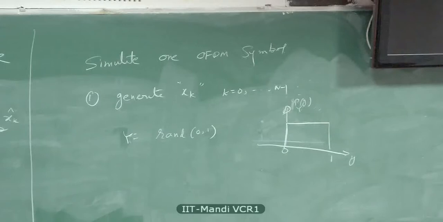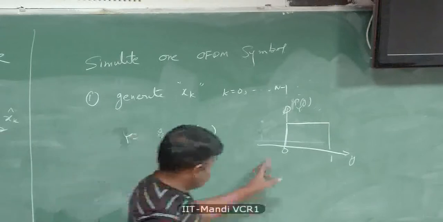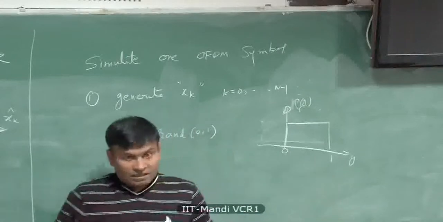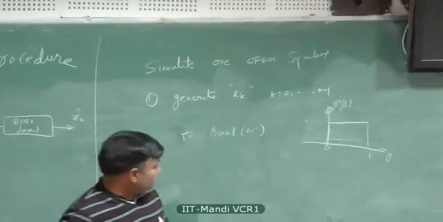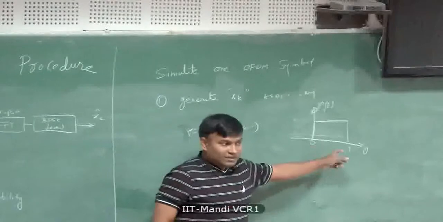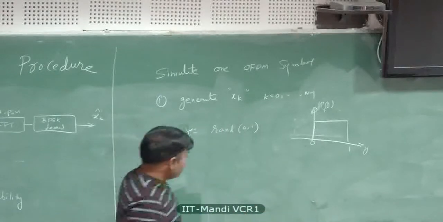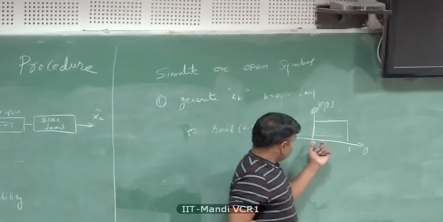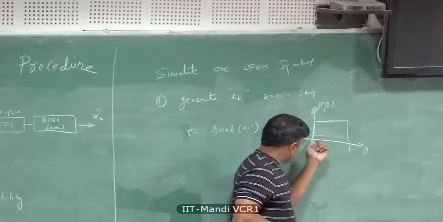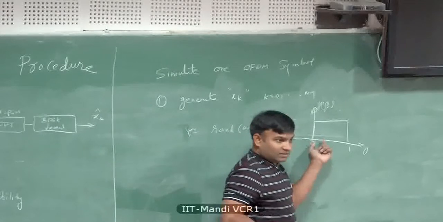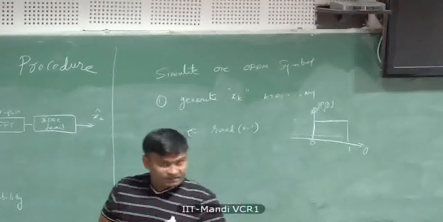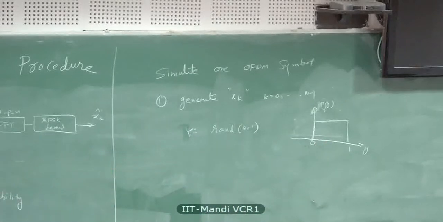So when you have one instance of rand invoked in MATLAB, it gives you a number between 0 to 1, and they are uniformly distributed between 0 to 1. That means the probability of occurrence of any number within a small interval, as long as the interval length is the same, it's equal.